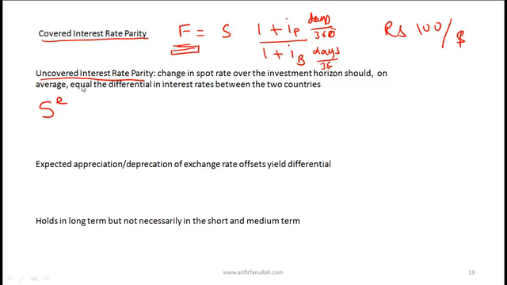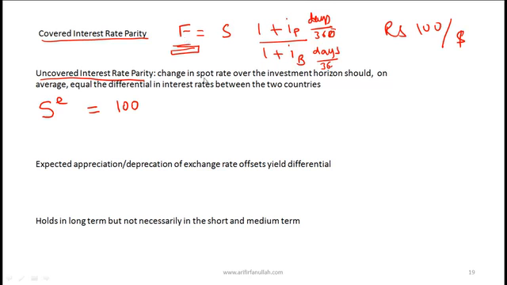Now another question is, what do you expect the spot rate to be 1 year from today? And according to the uncovered interest rate parity relationship, the expected spot rate is also going to be equal to 100. So if uncovered interest rate parity holds, then the expected spot rate 1 year from today is the same as the 1 year forward rate.